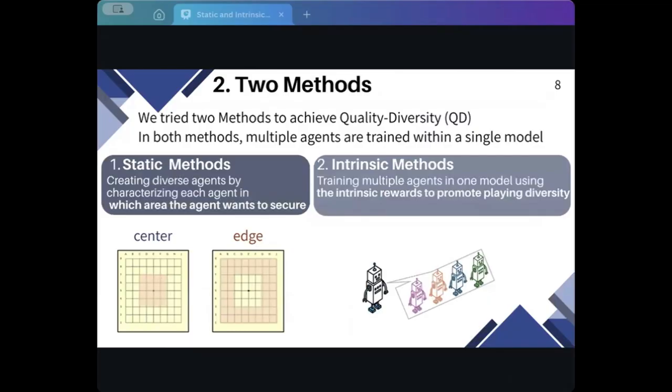In both methods, multiple agents are trained within a single model. The first is the static method, which characterizes each agent by the area of the board it aims to secure. The second is the intrinsic method, which trains each agent using an intrinsic reward to promote diversity. Next, I will explain these two approaches in detail.